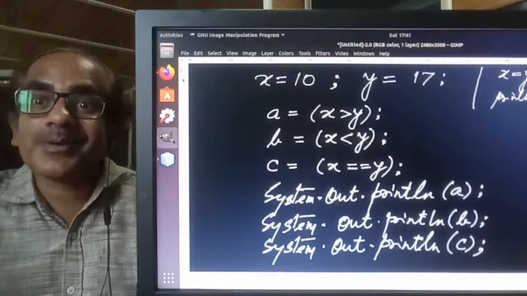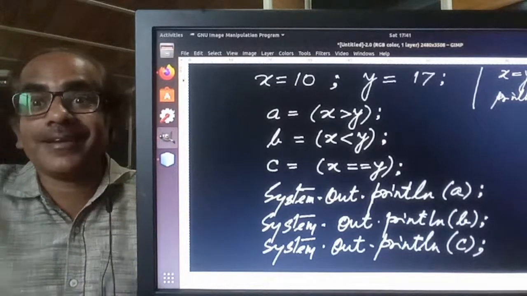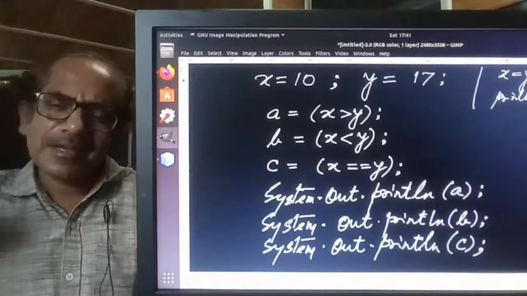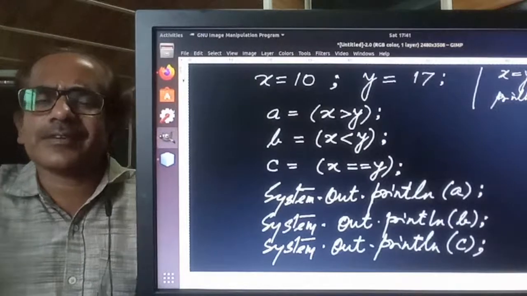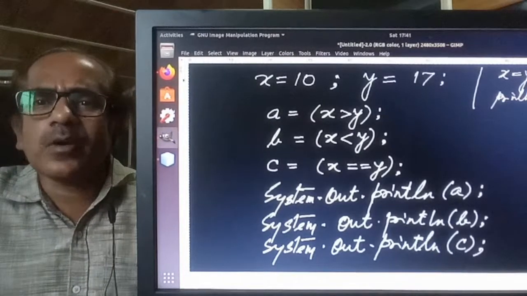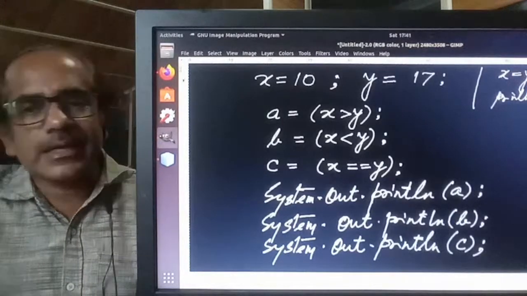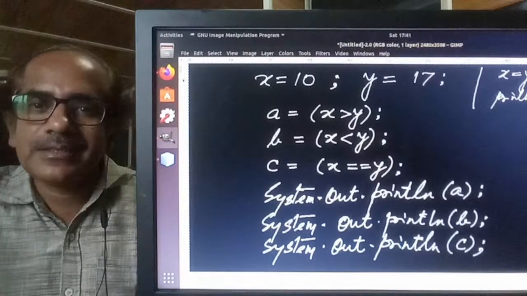That is why again and again I am pointing out that since you are beginners in Java, clearly understand the difference between single equal and double equal. Single equal is used for assignment, setting up the values.